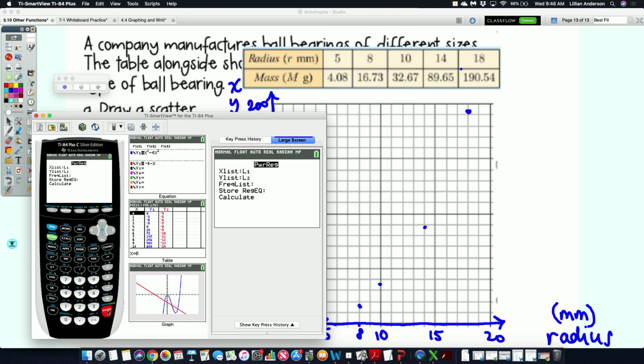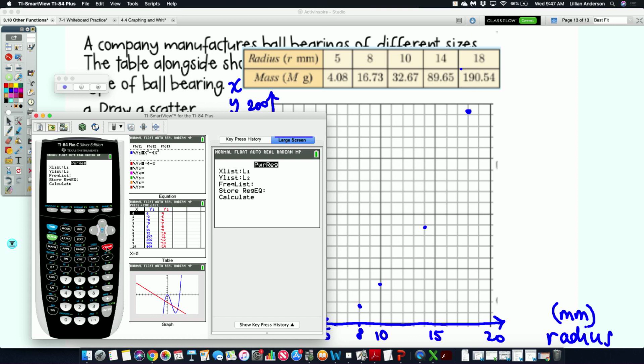To get L1, if it's not already there, you press second and then 1. Your Y list should be your L2. That was your mass. So second 2 is how you get L2 if it's not there. Everything else should be emptied. There shouldn't be anything in the frequency list or store. All that should be empty. If something is there, you go down to it and click clear.